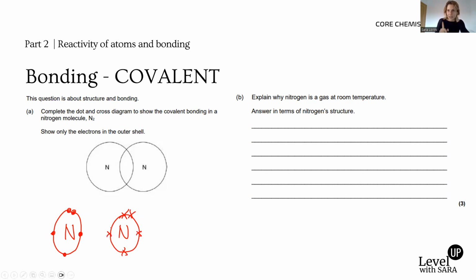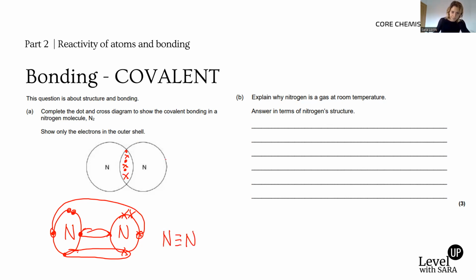Remember that I write them down like this, separate first, and then I pair them up. This will show you that nitrogen will need to share 3 electrons with each other to have a full outer shell. In fact, there will be 6 electrons shared between them. This is a triple bond, okay? And then, of course, remember that each nitrogen still has a lone pair of electrons.